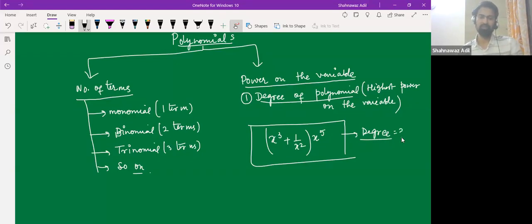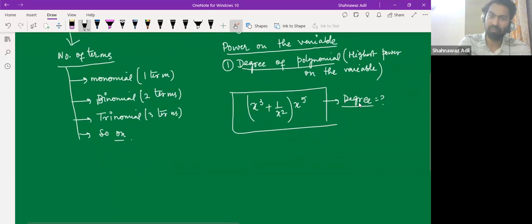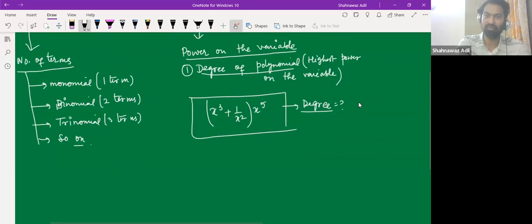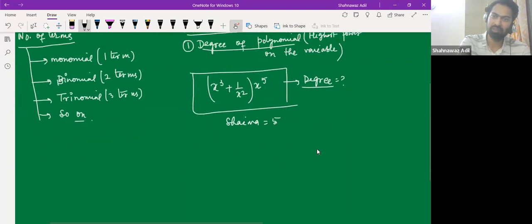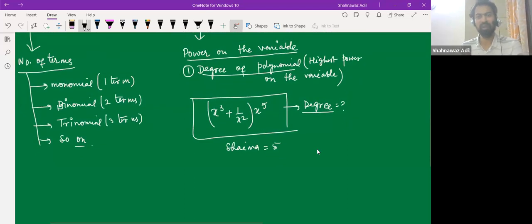Yes, everyone. 5. Degree is 5. That is why revision is necessary, right? So Shaima said 5. And can I change my answer? Yes, of course. Why not?